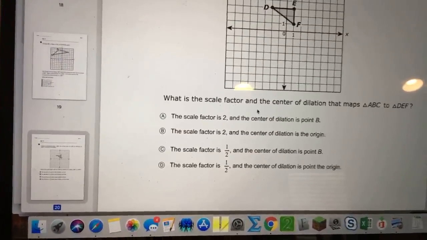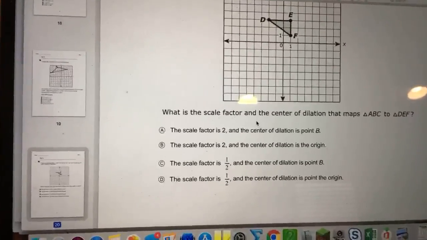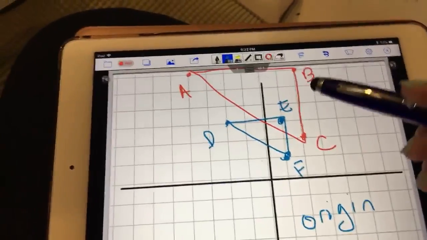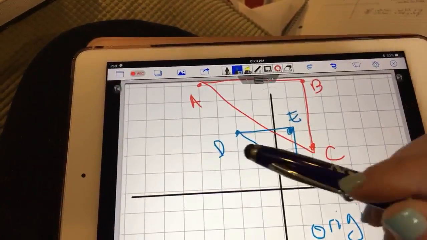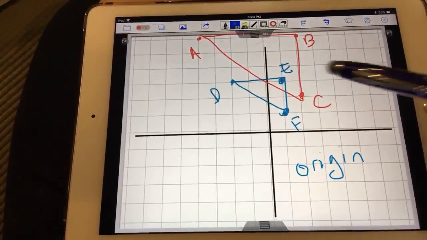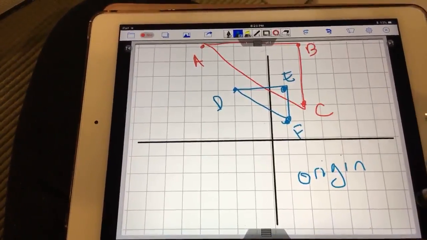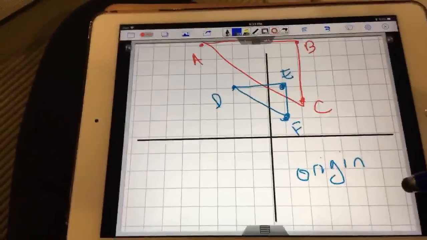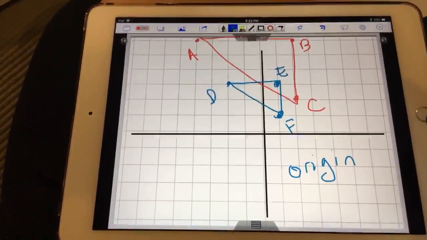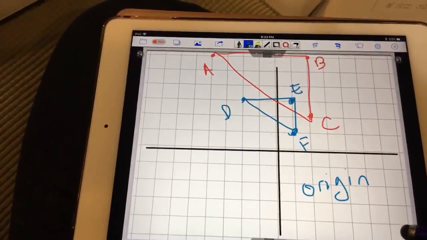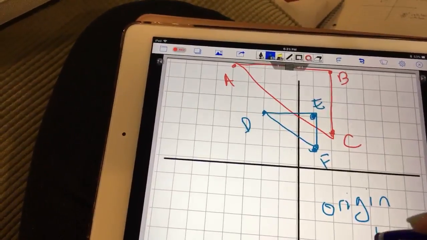The other thing that we are asked is the scale factor. We are going from ABC to DEF. All right? We're going from big to small. So since we're going from big to small, that means that our scale factor has to be between 0 and 1. So that's going to be 1/2.